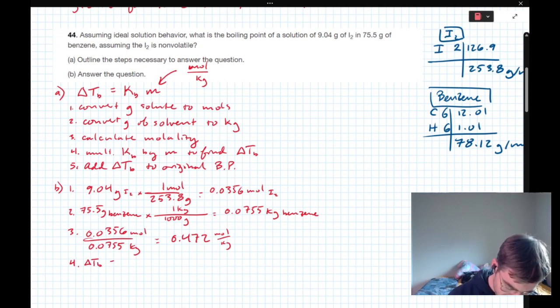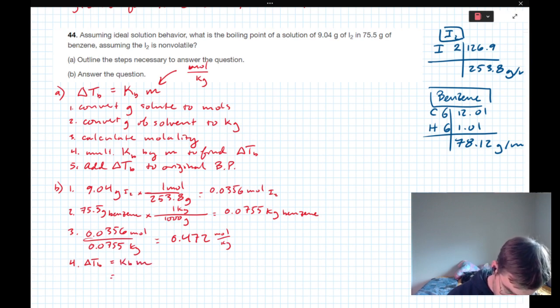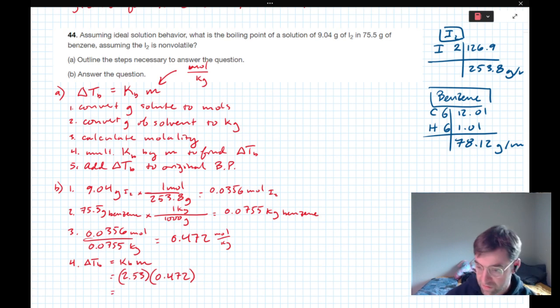So the change in boiling temperature equals Kb times molality equals 2.53 times 0.472 gives us our change, which is about 1.2, and that'll be degrees Kelvin or degrees Celsius.